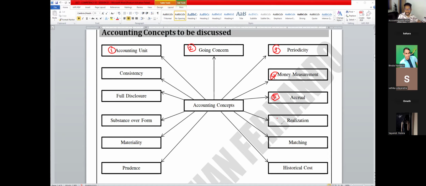Realization, number 6. Matching, number 7. Historical cost, number 8. Prudence, number 9. Materiality, number 10. Substance over form, number 11. Full disclosure, number 12. And consistency, number 13.